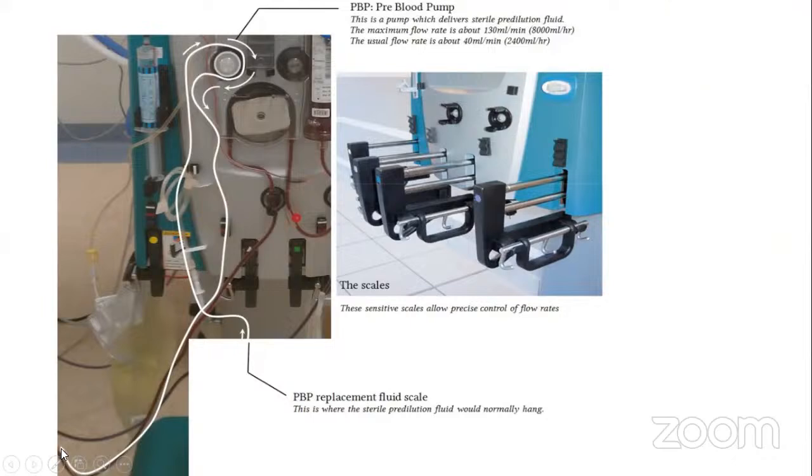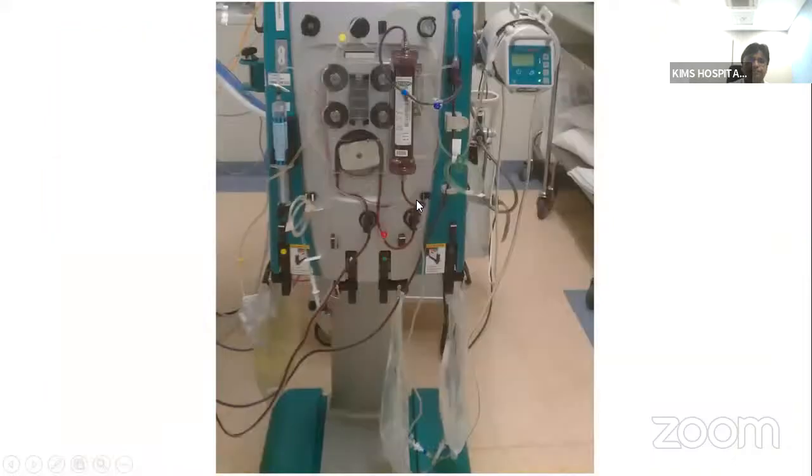The benefit of adding PVP replacement fluid is that it helps in elution of urea, and it helps for better clearance of urea as well as creatinine from the RBCs. So this is the basis behind adding a PVP pump. Here we can see the 4 scales.